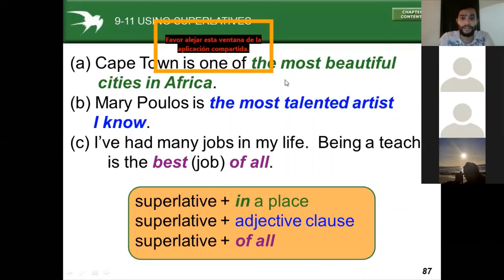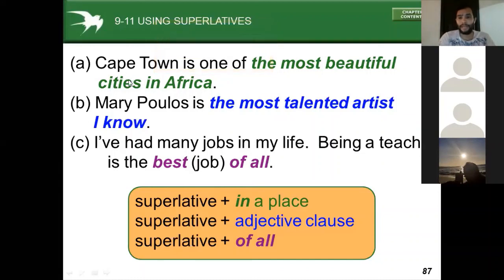So let's continue then. Cape Town is the most beautiful city in Africa. Lo siguiente es, cuando nosotros usamos en español el superlativo, normalmente siempre usamos of. Si traducimos la primera oración decimos, Cape Town es una de las ciudades más hermosas de África, right?